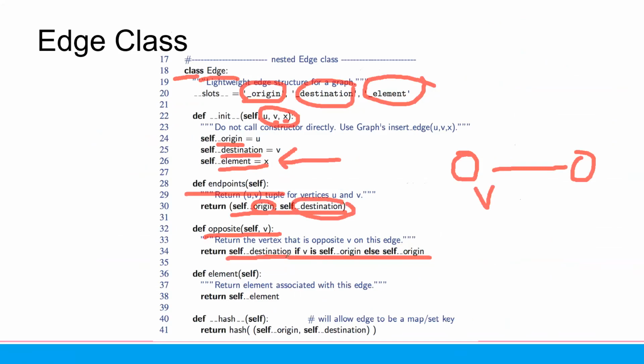It will return the destination if v is the origin. If it is not, then it returns the origin. Okay, try to understand this step. And we can get the element, and for this edge, we also can map it into a hash. So here is how to map into the adjacency map.